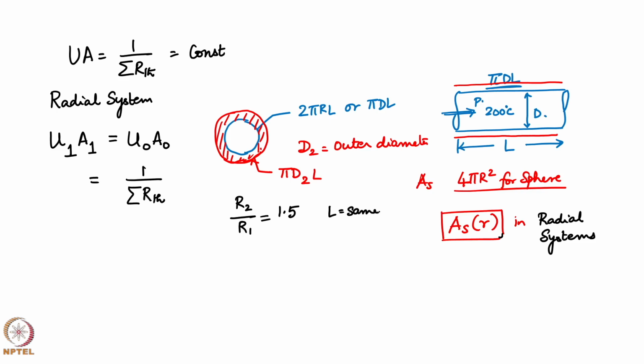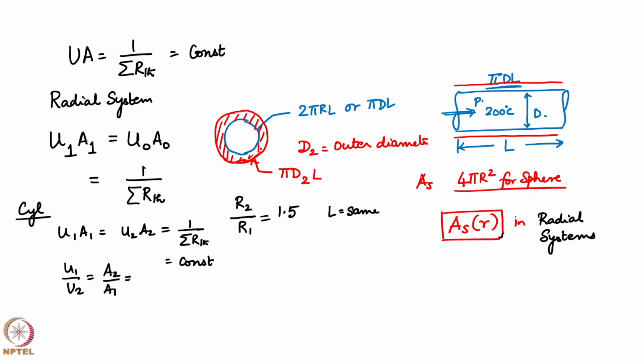Ratio of U1A1 is equal to U2A2, we are talking of cylinder geometry. Therefore, this is nothing but 1 over summation of R thermal, this is a constant, because we have fixed the problem, everything is fixed. So, U1 by U2 is nothing but A2 by A1.